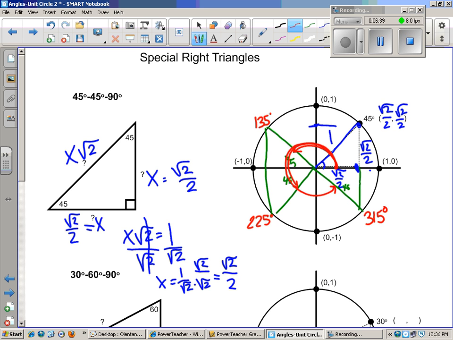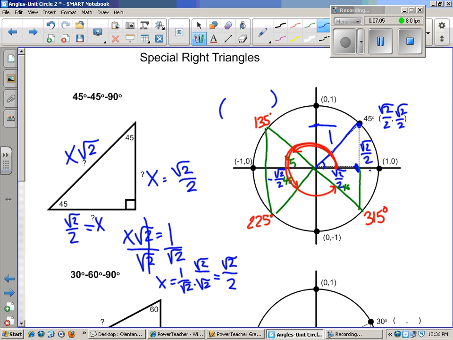Okay? All right, so now that we have their degrees, let's figure out what their coordinates are. Okay? So how far over did we go? Yeah, square root of 2 over 2, but since we're going that way on the x-axis, it's negative.